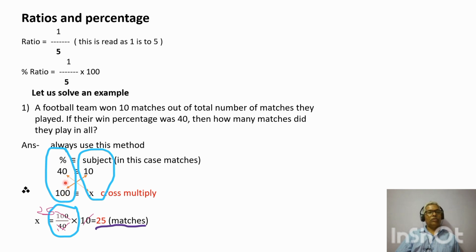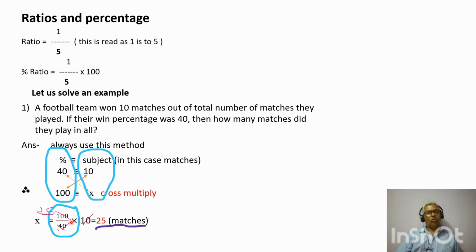Okay, now after writing like this, go for cross multiplication, and x should go there, and 100 should go there, and 40 should go like that. Generally when you multiply like this, write the terms on one side below like this.